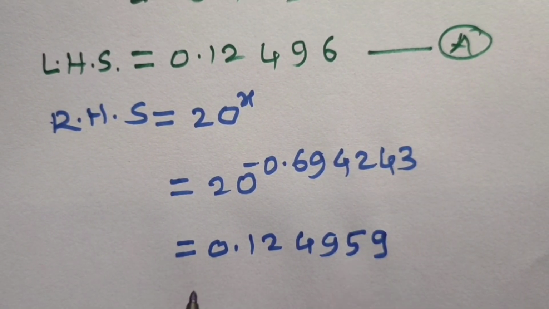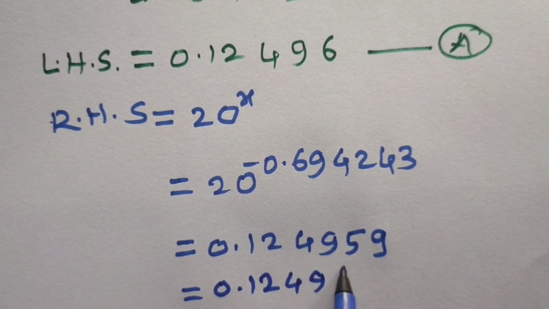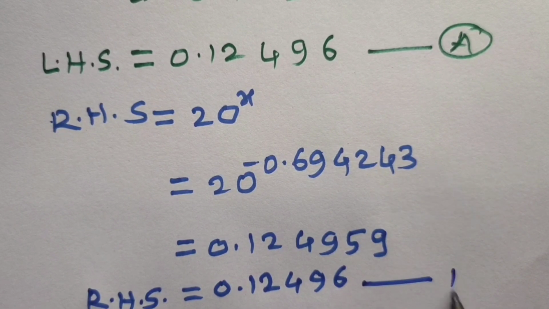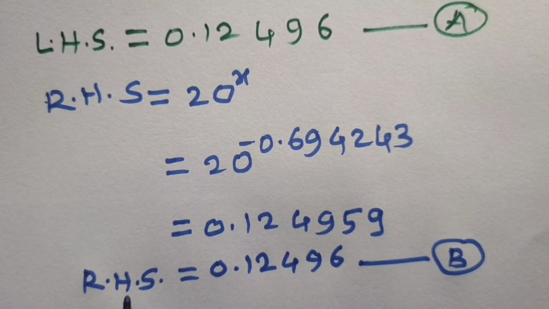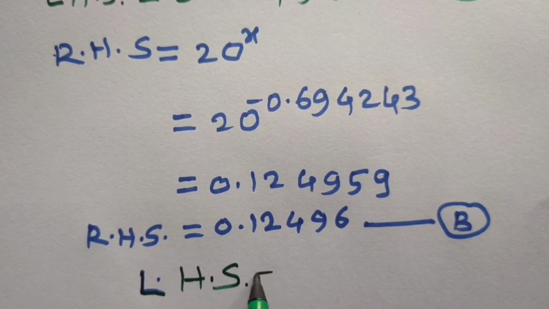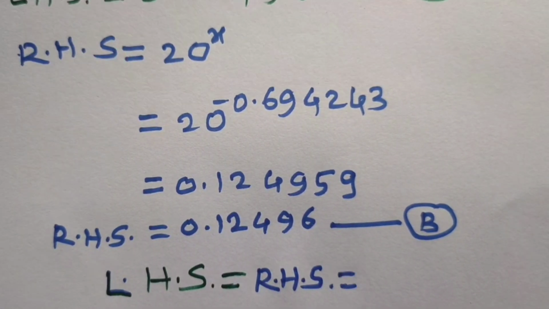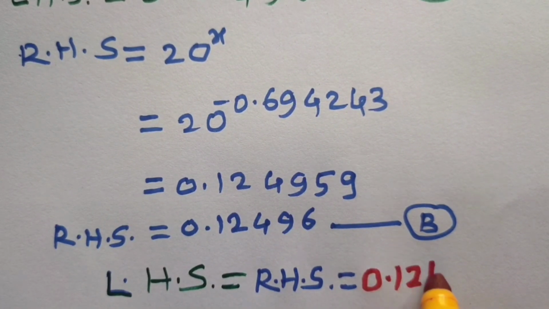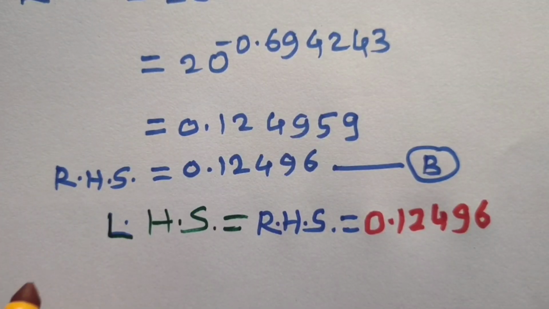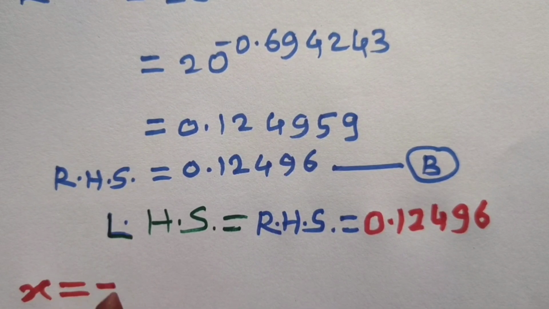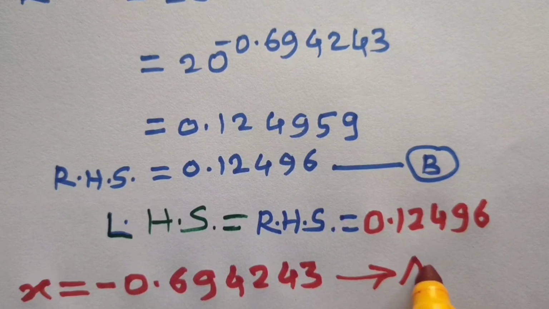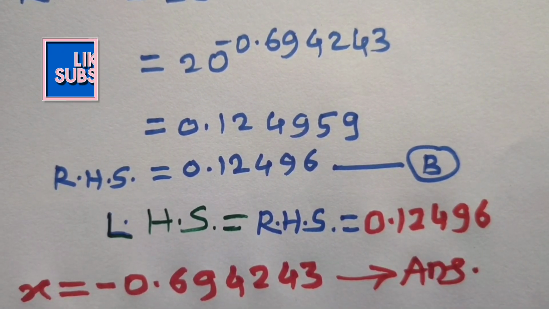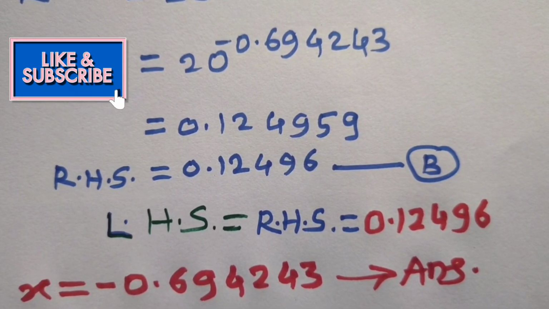Rounding to the fifth digit, we can write 0.12496, and consider this equation B. And here from A and B, LHS is equal to RHS, which is equal to 0.12496. Hence x is equal to minus 0.694243 is the solution of this equation, or the value of x which satisfies the given equation.